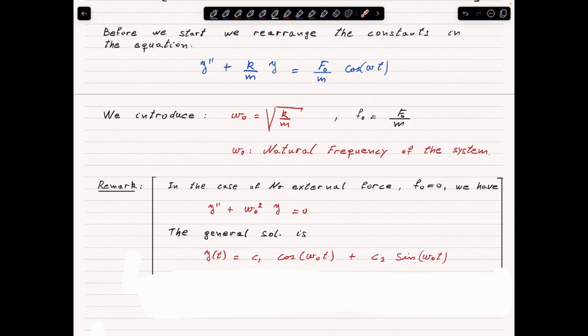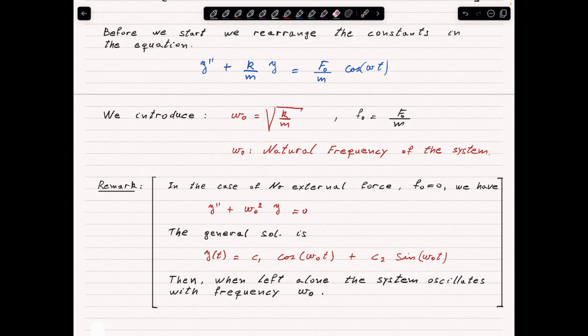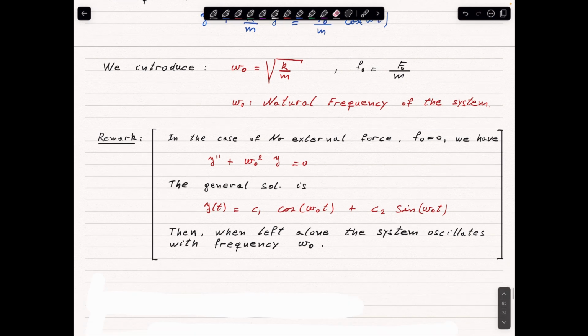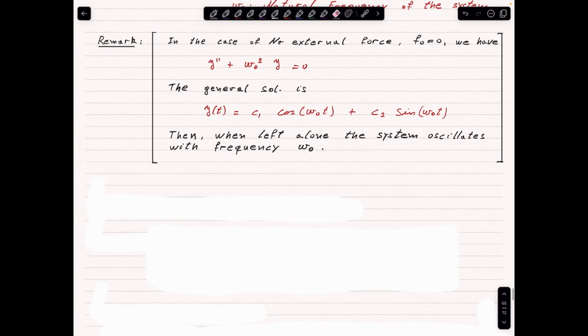It's the frequency at which the system oscillates when it's left alone. So let's rewrite our problem one more time with the new notation.